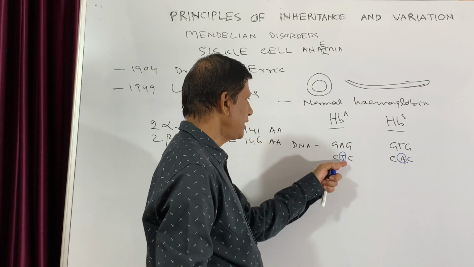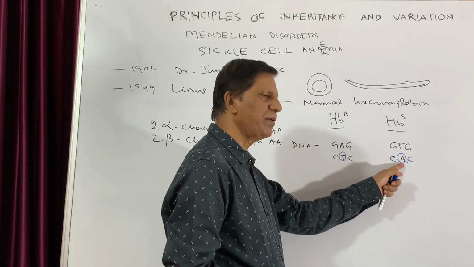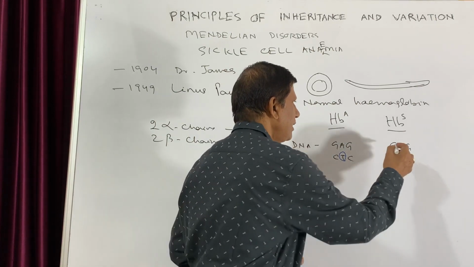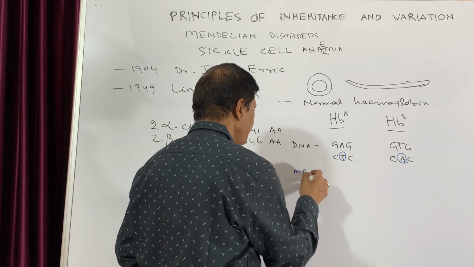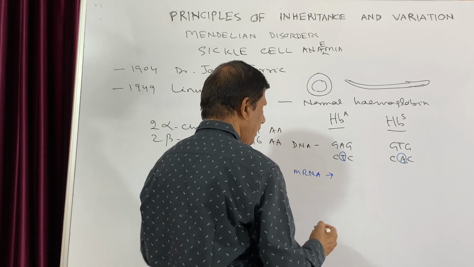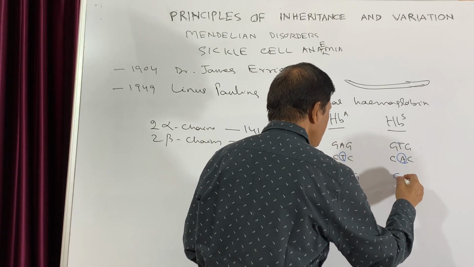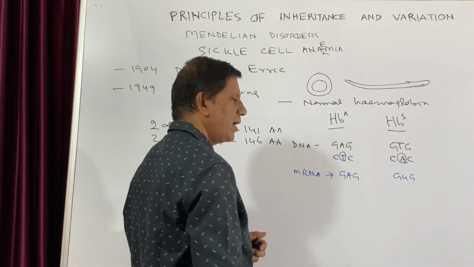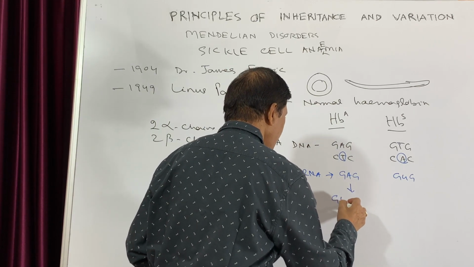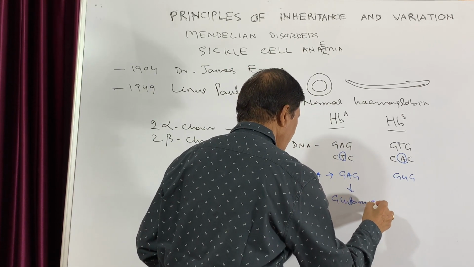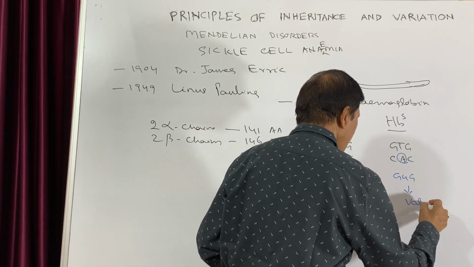So CTC, the corresponding GAG, since it is replaced by A, naturally becomes GTG. Now when it gives rise to mRNA, the mRNA here will be GAG and here it will be GUG. According to the genetic code, GAG gives rise to glutamic acid, while GUG gives rise to valine.